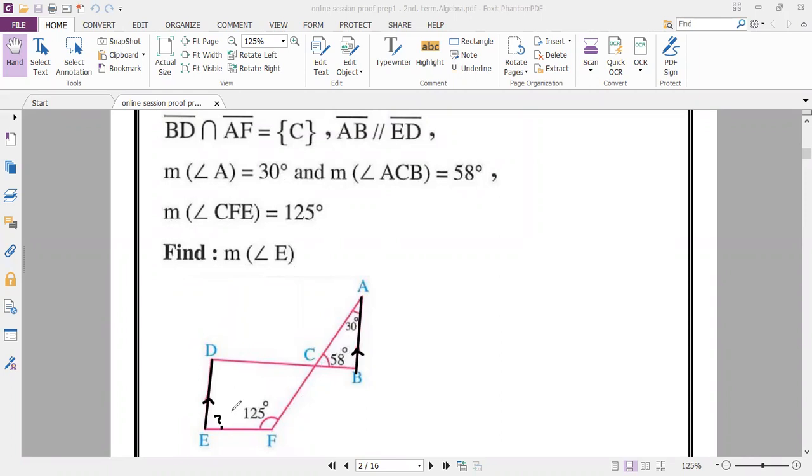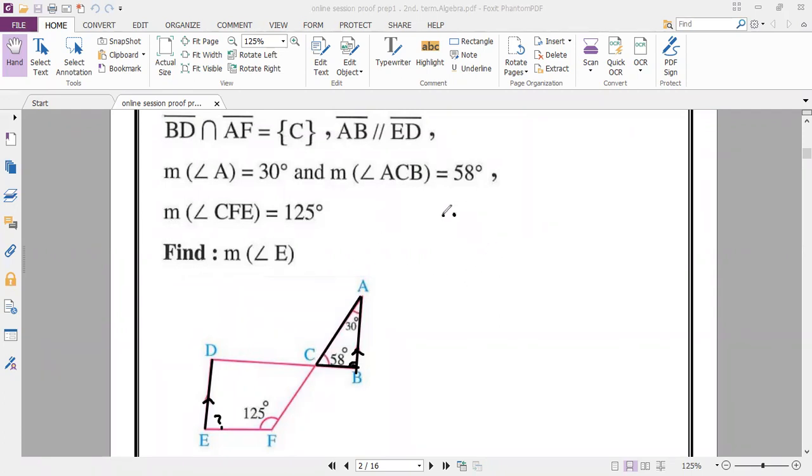So how can we get the measure of angle A? First of all, we can get this angle, because this is a triangle, the triangle ABC. The sum of angles of a triangle equals 180.